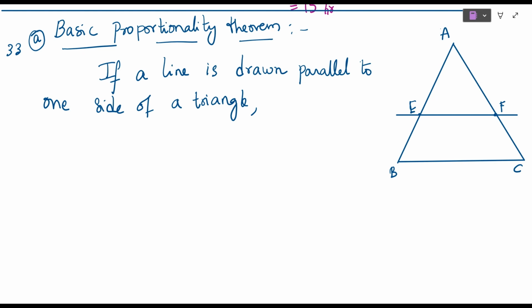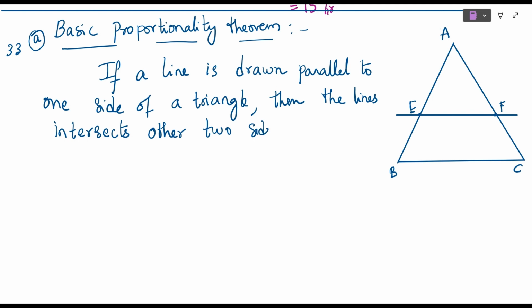So what is happening then? If a line is drawn parallel to one side of a triangle, then the line intersects the other two sides of the triangle in two distinct points.